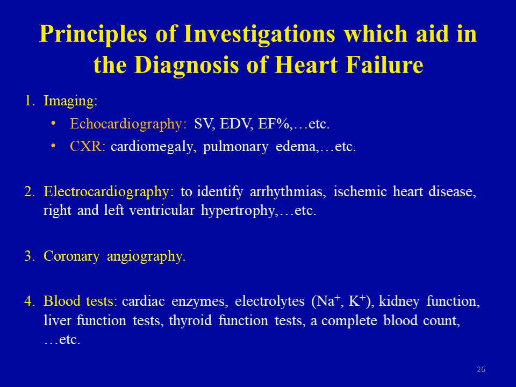And finally, we can do some blood tests like cardiac enzymes, electrolytes, kidney function test, liver function test, thyroid function test, and also complete blood count, as well as any other test that might help in excluding or coming to a final diagnosis from a list of differential diagnoses.